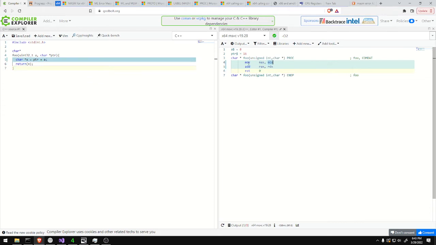So it's doing a move to do this. It's saying, let's take the A, which is going to be in ECX with 32 bits. Let's move it to EAX, which will be 64-bit extended.